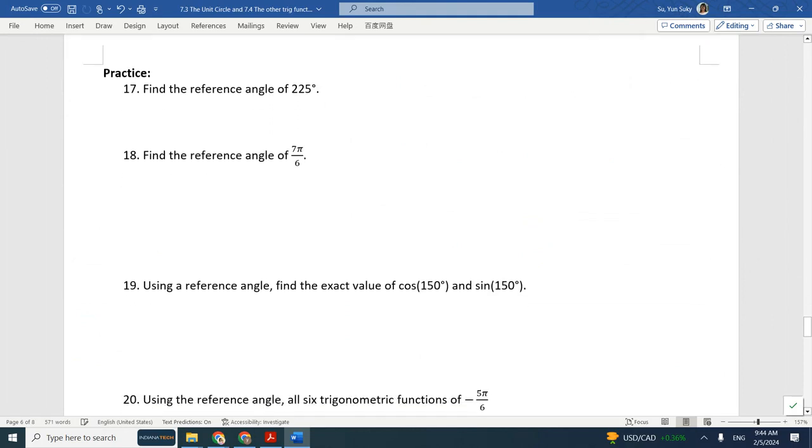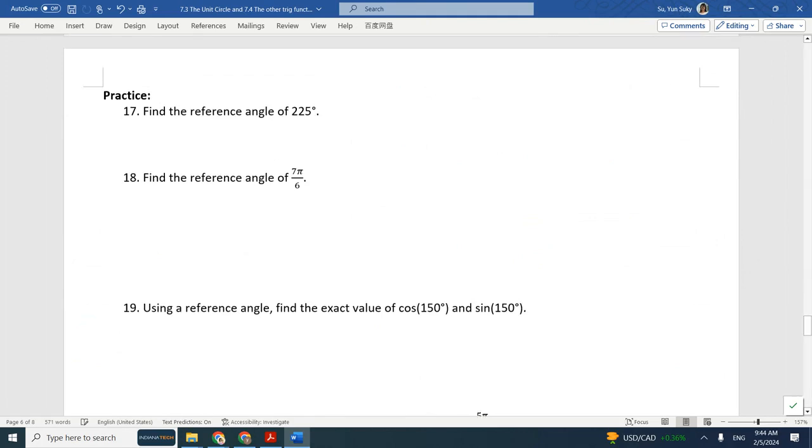17, find the reference angle of 225 degrees. First of all, step 1, you want to make sure the angle is in 0 to 360 degrees. If it's not, then you add a multiple of 360 degrees or subtract a multiple of 360 degrees. Is that okay, everybody? Second step, find which quadrant.